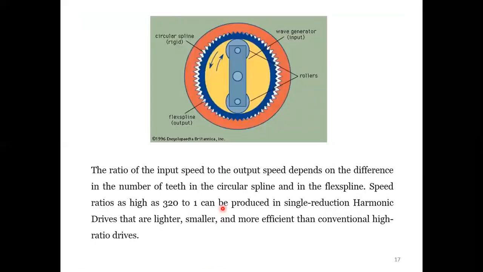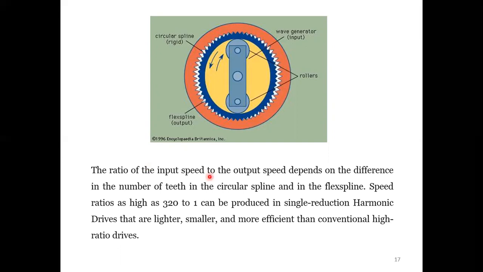This is the diagram for harmonic drives. Here there are three parts: one is the circular spline, another is the wave generator, and another is the flex spline. The inner part starts the transmission system, and the outer part defines the output ratio of the power transmission.